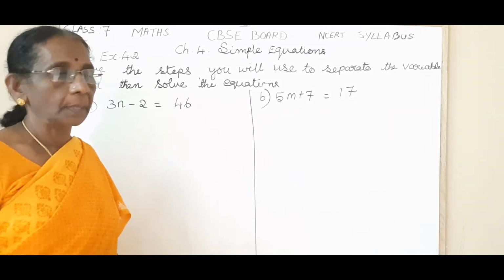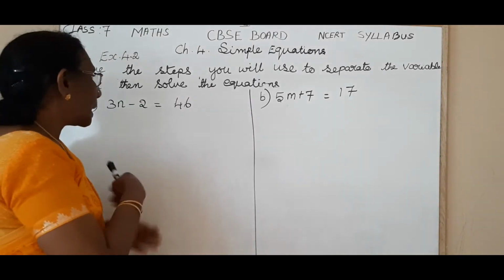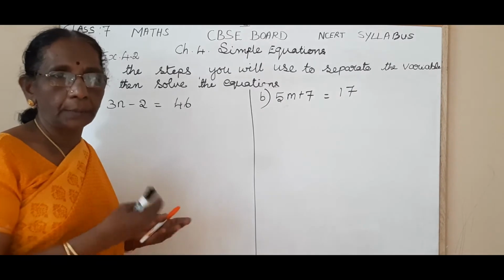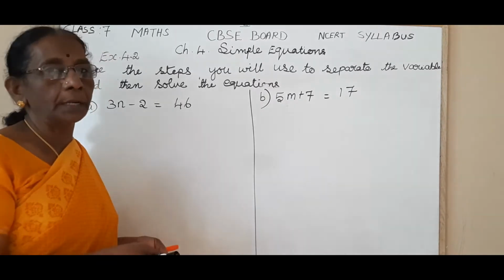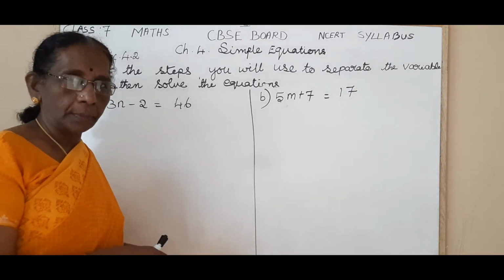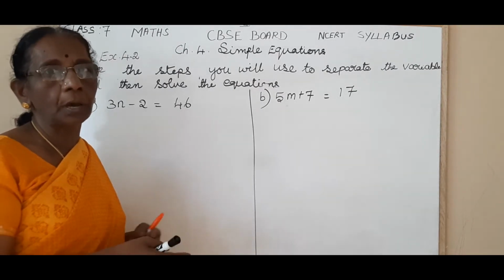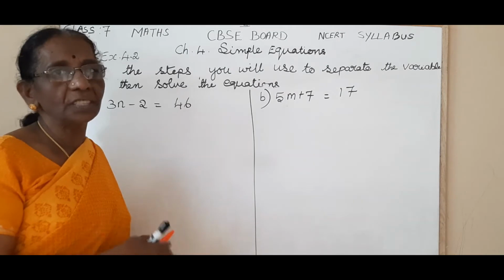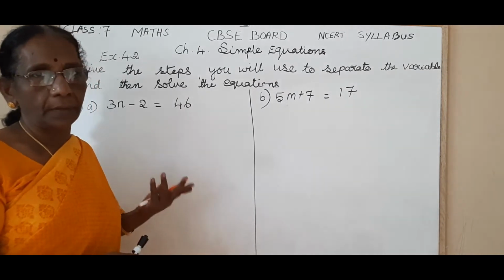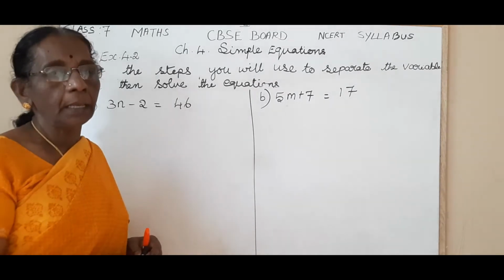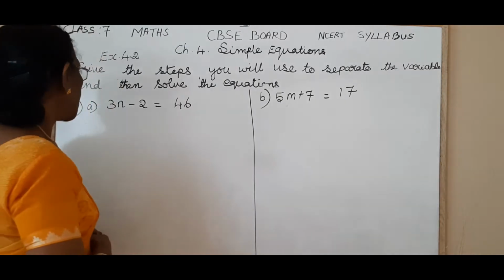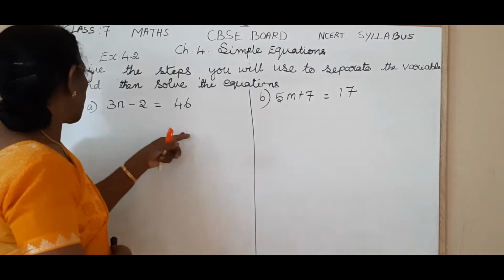Multiplication and division. Now in the third one, both operations are given: multiplication and addition, or multiplication and subtraction, division and addition, or division and subtraction. So two steps you have to do. In the previous two sums, only one step. Here, two steps.